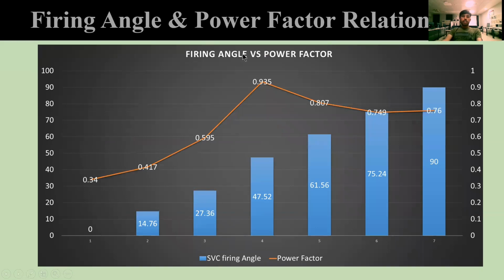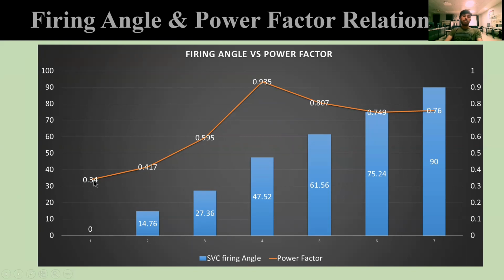The last one is the relationship between firing angle and the power factor. As I have already told, as we increase the firing angle, at some stage our power factor will be very highly improved, and then it will start to decrease because of the switching of the capacitive banks.